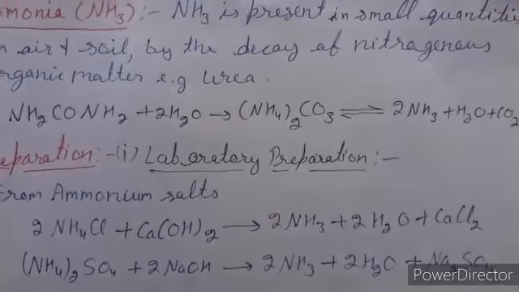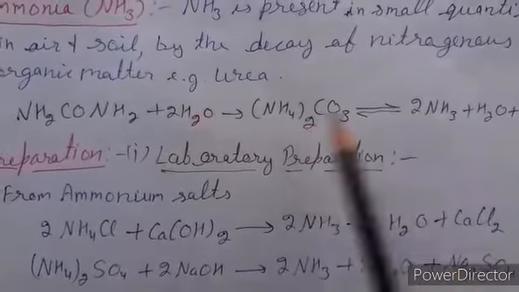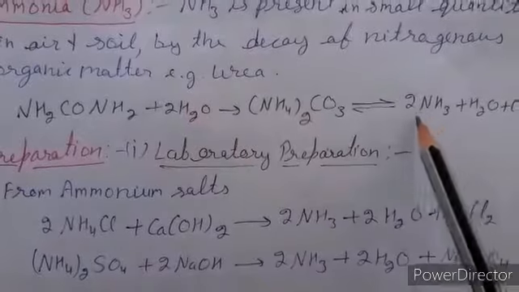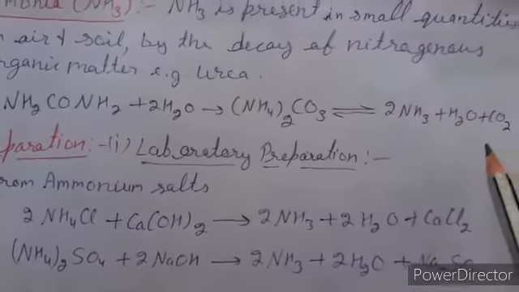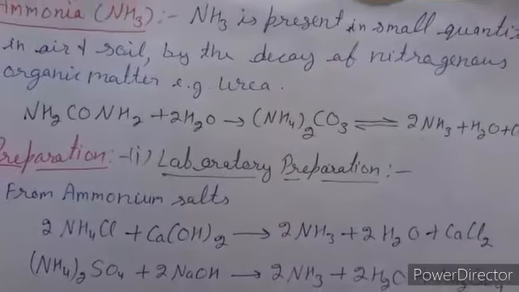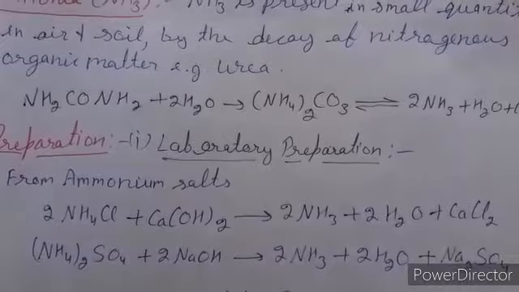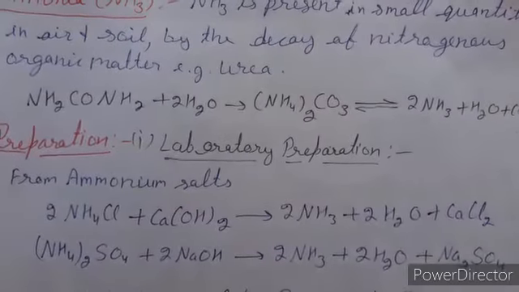It is decomposed when it reacts with water to form ammonium carbonate salt, and there is a reversible reaction, producing ammonia along with water and carbon dioxide. In this way, the small amount of ammonia is present in air as well as in soil. It has a pungent smell.